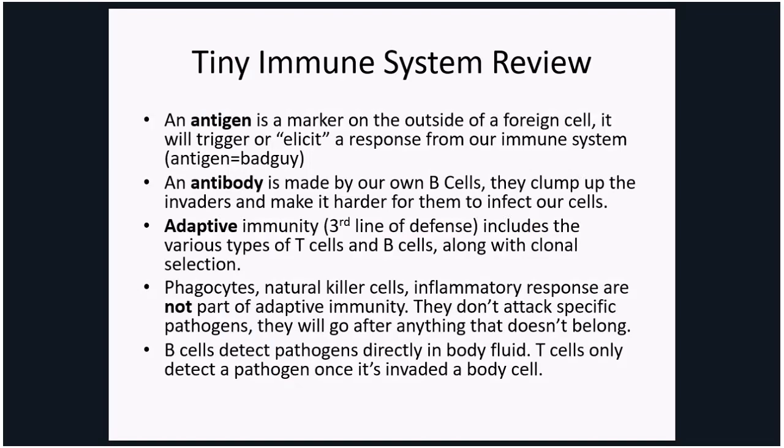On the other hand, if a T cell were sitting there in your lymph fluid beside, say, a flu virus, it's not going to know it's there unless that flu virus is inside the body cell. So T cells can only detect that pathogen once it has already invaded your body cell.